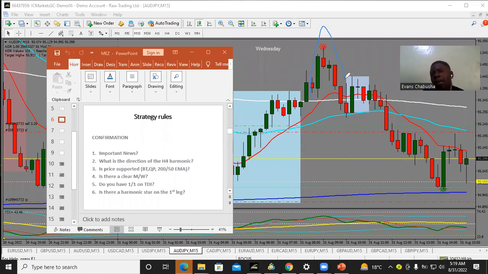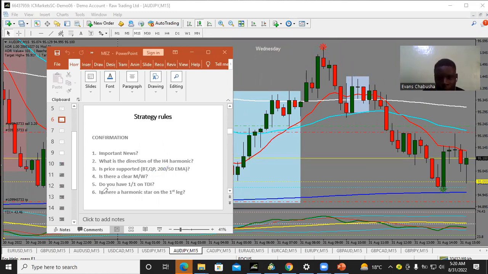Price came up, closed below that candle there, closed below the 13 EMA. They went up again with this bullish candle, then they came and closed below the 13 EMA again. So this becomes your confirmed M like that. Okay. So there's a clear M pattern there.